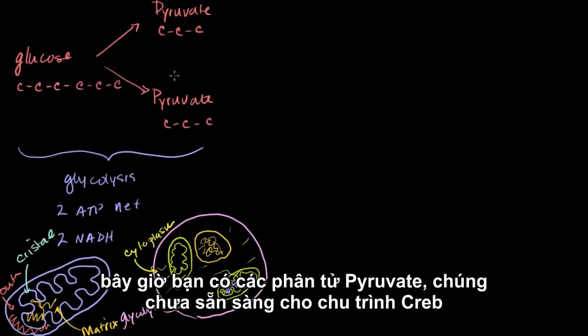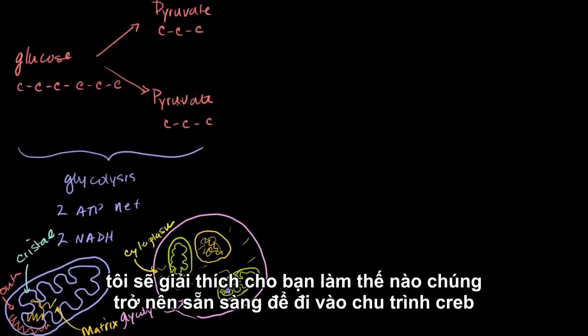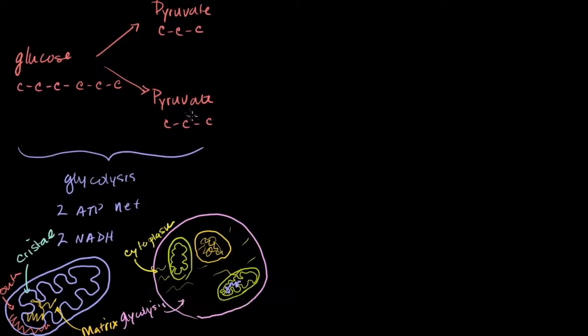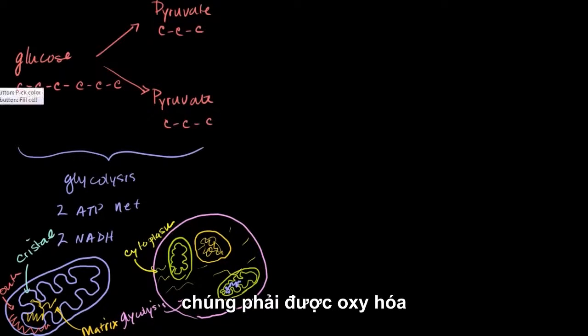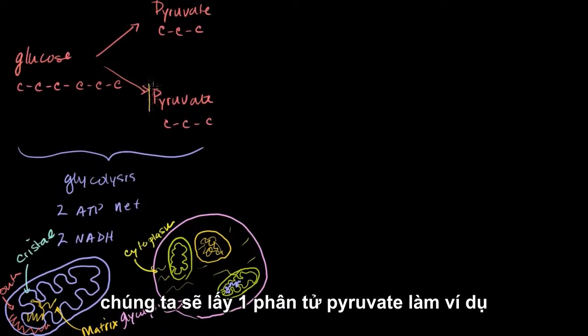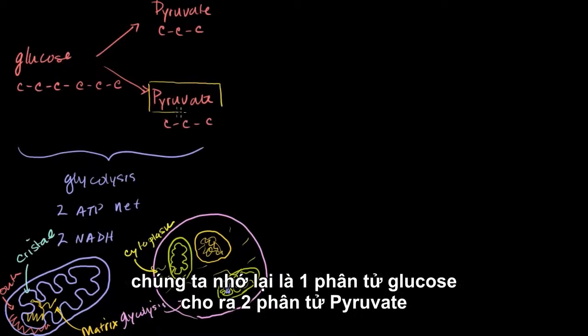Now, you have these pyruvates. They're not quite ready for the Kreb cycle, so how do you make them ready? They actually get oxidized, and I'll just focus on one of these pyruvates. We just have to remember that this happens twice for every molecule of glucose.